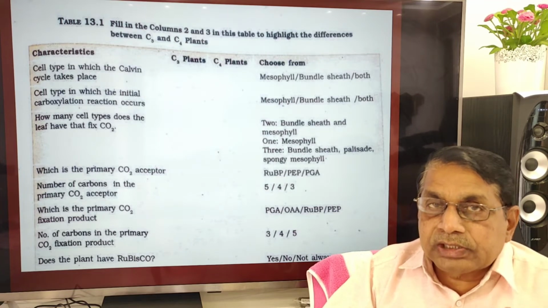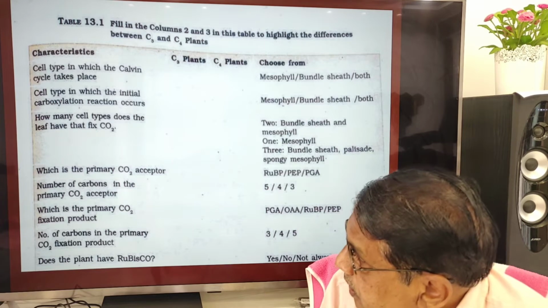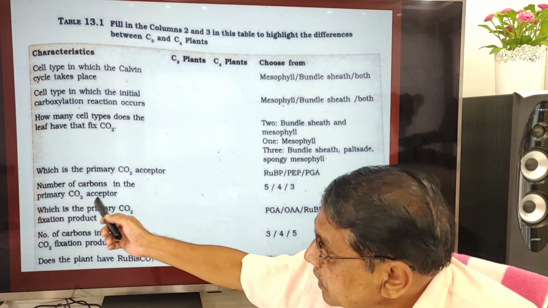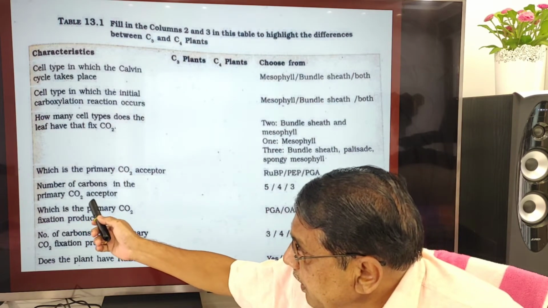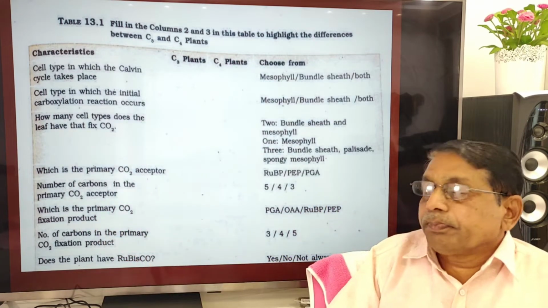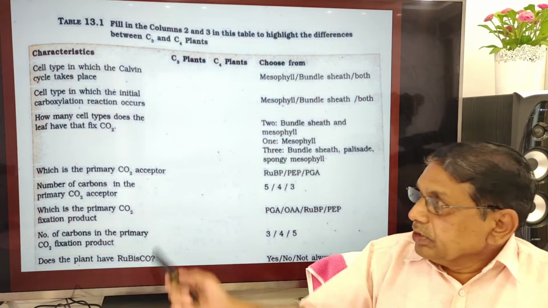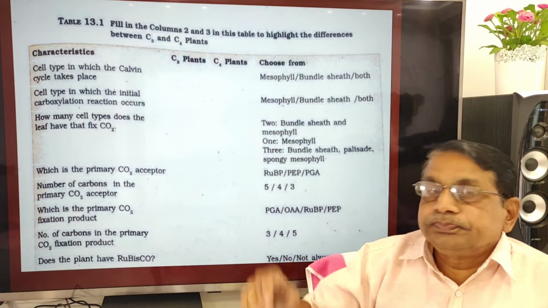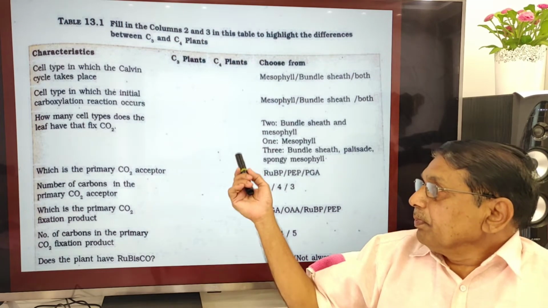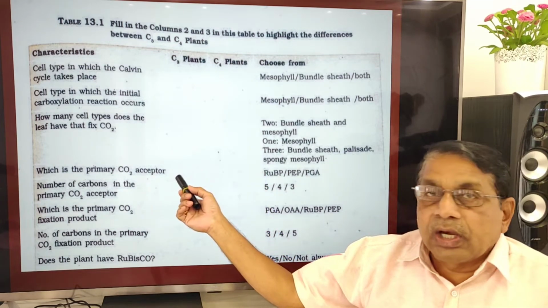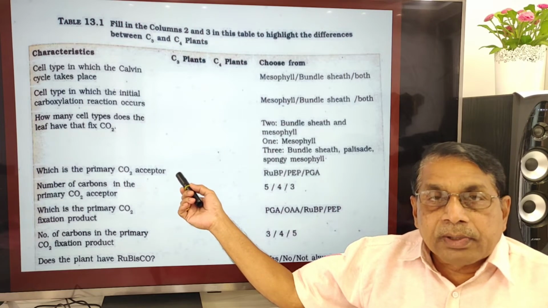Number of carbons in the primary carbon dioxide acceptor. In C3 plants, 5. In C4 plants, 3. Because here it is RuBP, a 5 carbon compound.